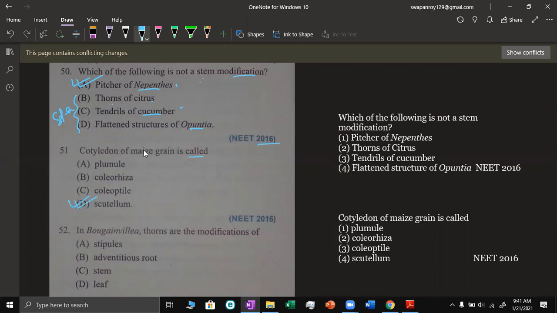Coleorhiza and coleoptile are the membranous covers: the coleorhiza is over the radicle, and the coleoptile is over the plumule.